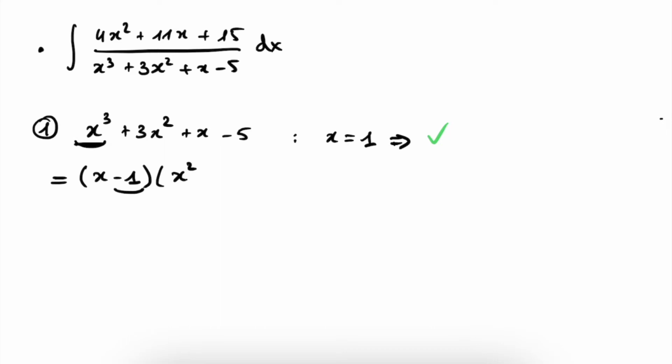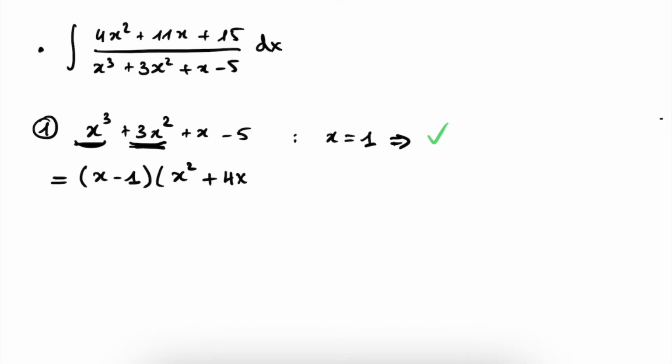Then we have minus x² if we multiply these two terms. However, in our original polynomial, we have 3 times x². So what we still need is plus 4x, since if we multiply our x with this plus 4x, we get 4 times x². And we multiply minus x with x², we get minus x². And 4x² minus 1x² is indeed 3x².